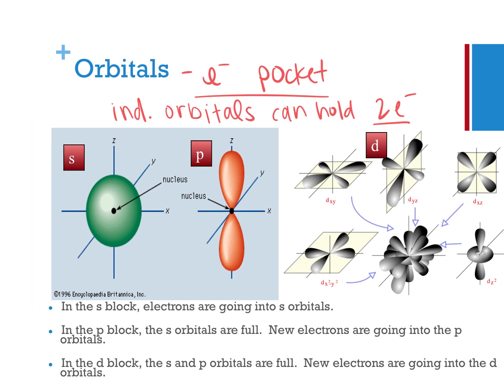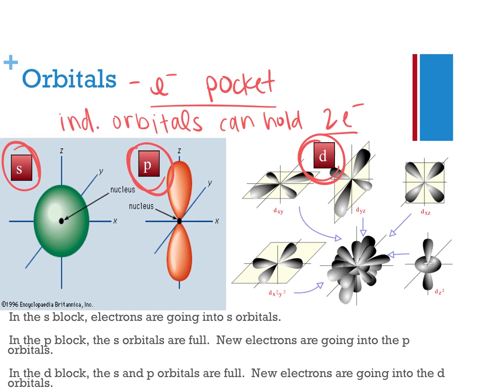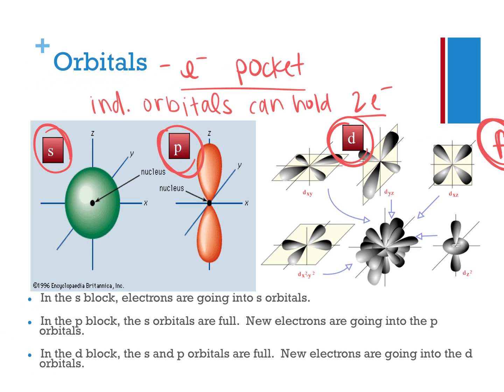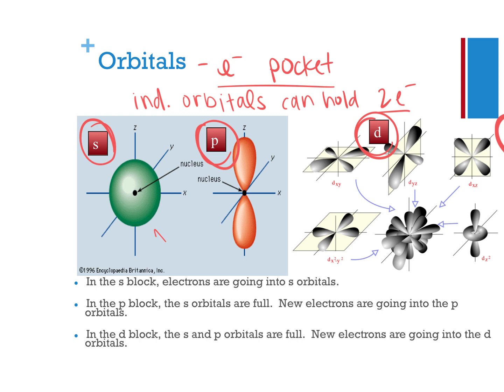There are s orbitals, p orbitals, d orbitals, and then one final kind called f orbitals. Each of the orbitals takes on different shapes. The s orbital is just a circle. It's just a sphere. And the first electrons that go into every energy level go into an s orbital.